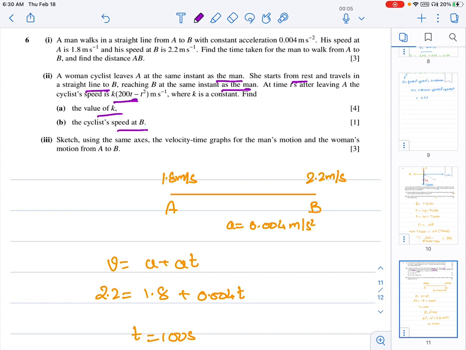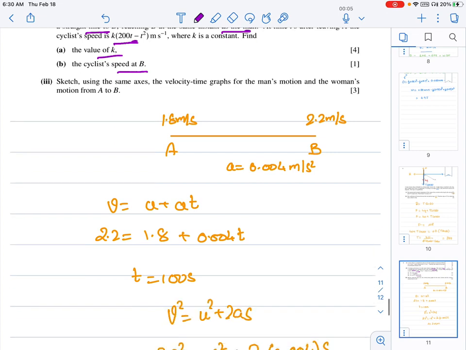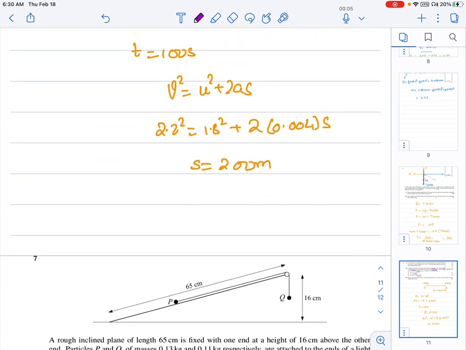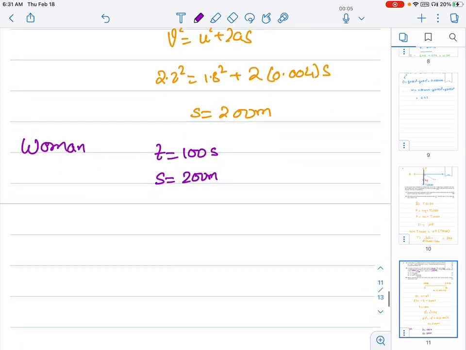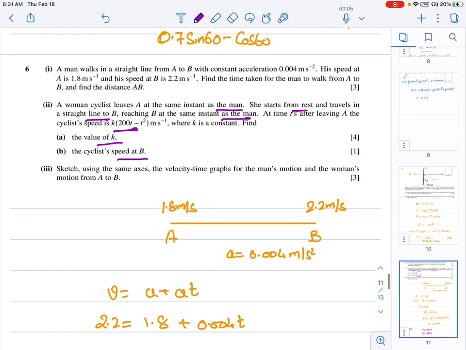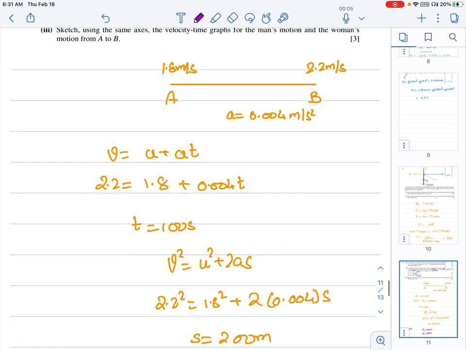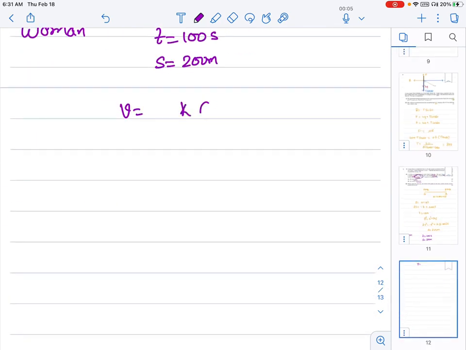Find the value of k and find the speed of the cyclist at B. So for the woman, time is going to be the same, 100 seconds. Distance is going to be the same, 200 meters. So the velocity, the formula for the velocity has been given as k times 200t minus t square.